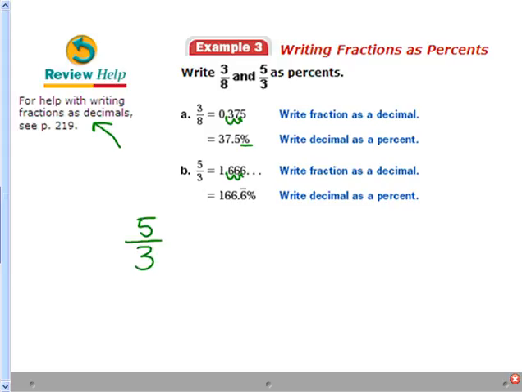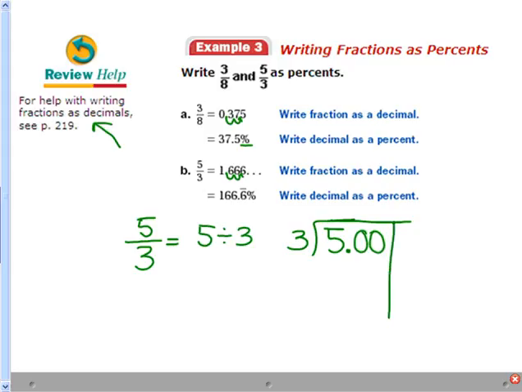5/3, of course, is equivalent to 5 divided by 3. And I can do 5 divided by 3. Now, since I want to get a decimal, and I want it to go to 2 decimal places because that's where percent is located, I'm going to start out by adding a decimal point and 2 zeros, and I'm going to do my partial products using 500 divided by 3.